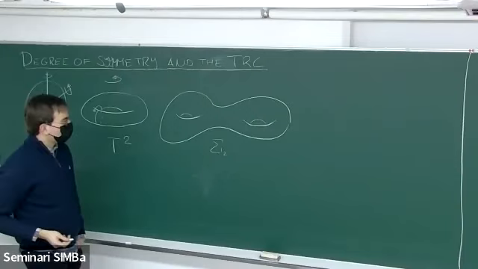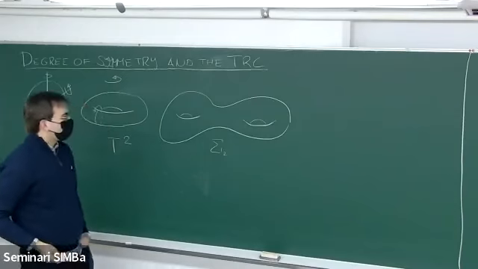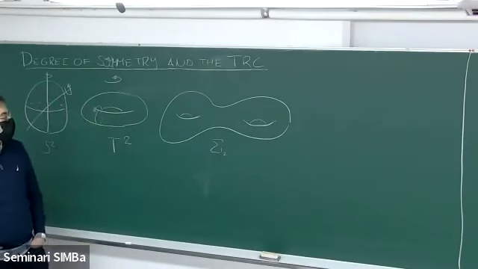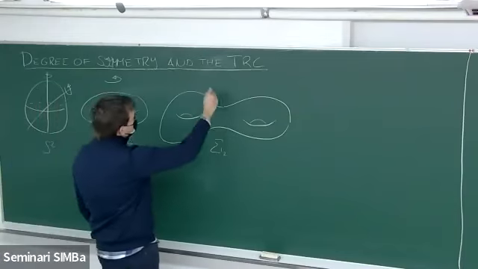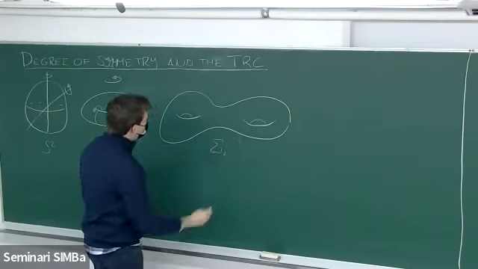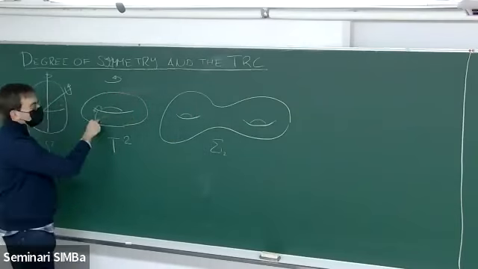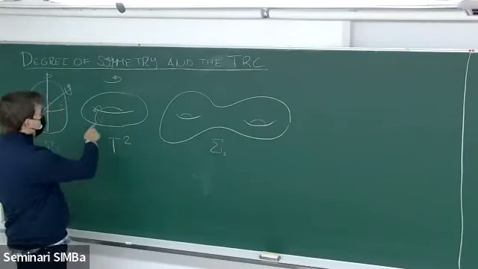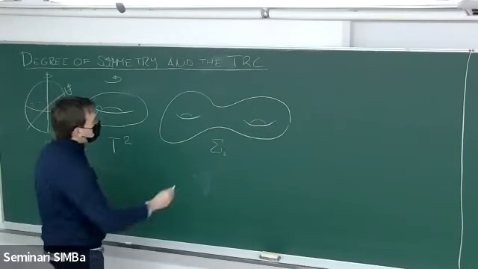So we go to higher genus and we see this torus with two holes, and let's think which continuous symmetries we can put here. The thing is that we cannot make rotations around any of these holes. We cannot make these rotations either.